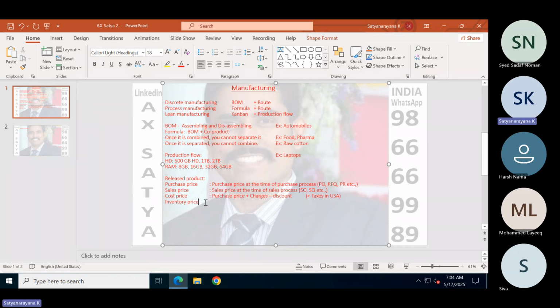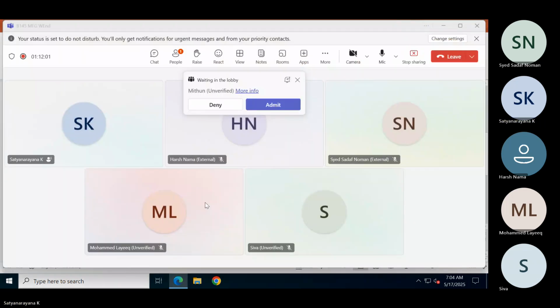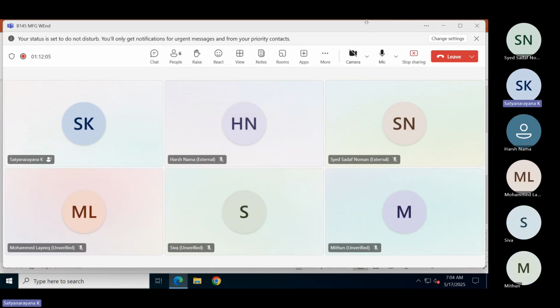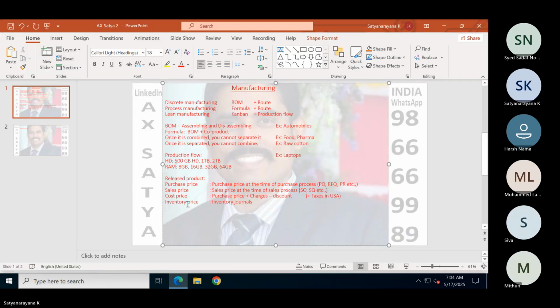Okay, now item price. This item price is for inventory journals. Inventory price is for inventory journals. Means whenever you are implementing the product, at that time, there is no price. We need to upload opening balances. At that time, some price is required.